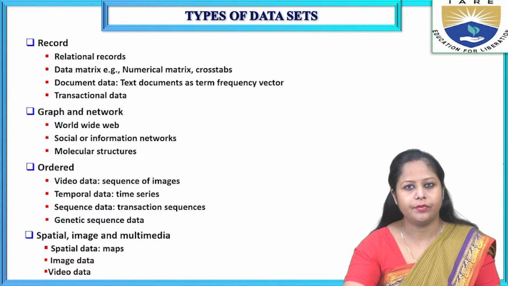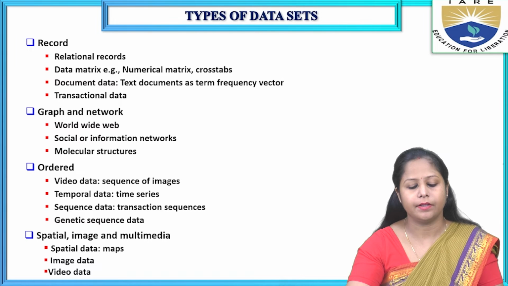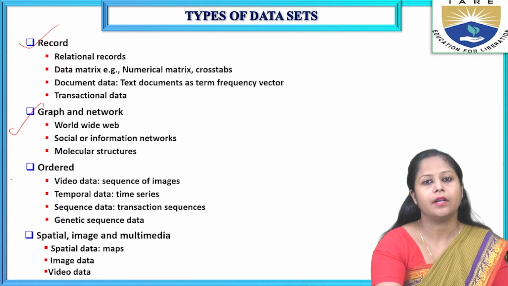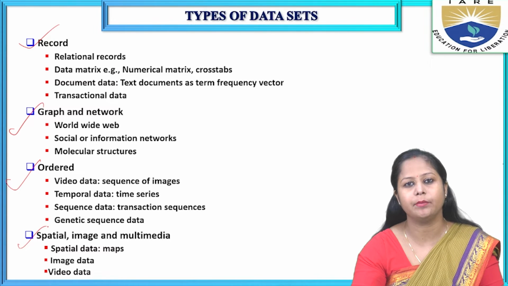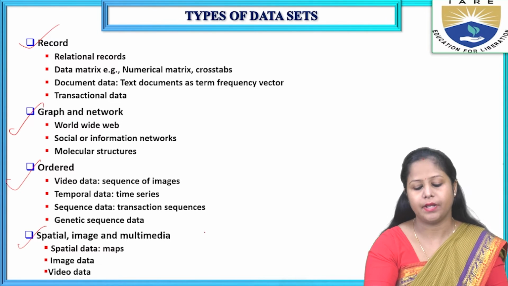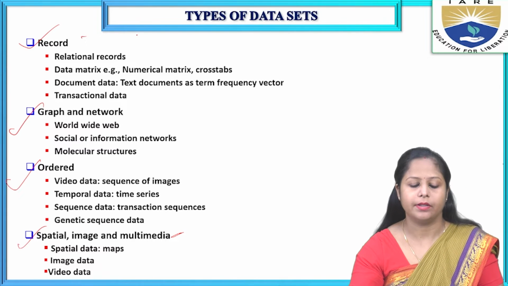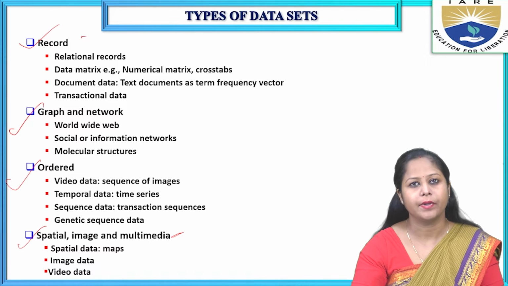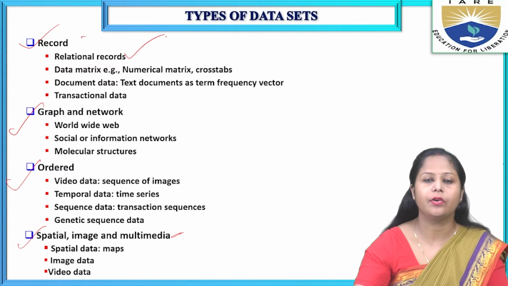So what are the types of data sets? There are many types of data sets. There are records, graphs and networks, ordered data, and spatial, image and multimedia data, as we have checked. So what is a record actually? A record is nothing but a relational database record that is stored in the form of a record.